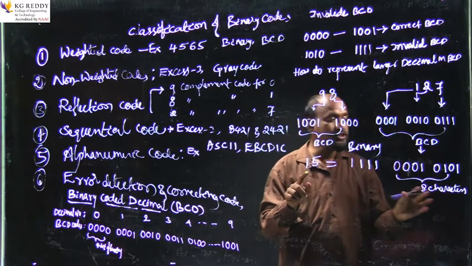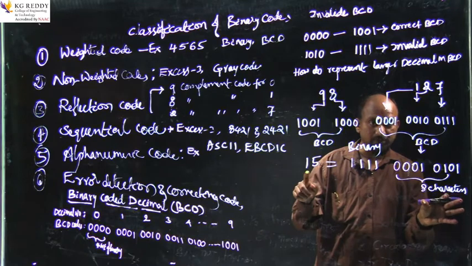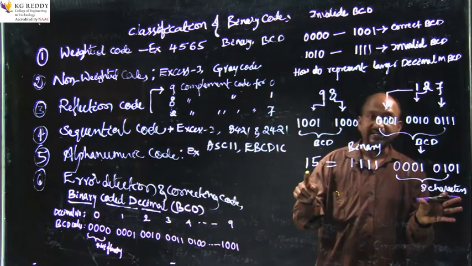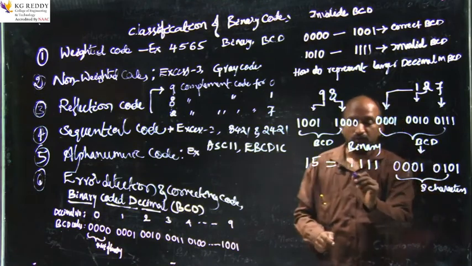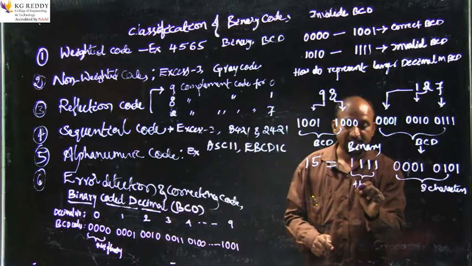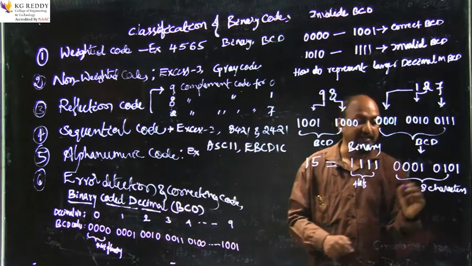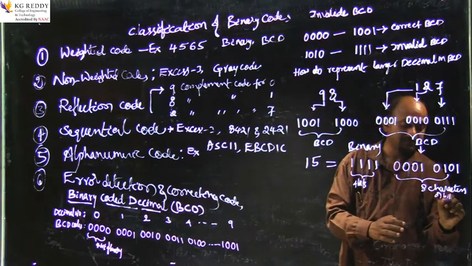That means it stores in more space. It requires more circuits to represent these numbers. For the number 15, in binary it took only 4 digits, which I can simply call 4 bits, whereas BCD requires 8 bits.